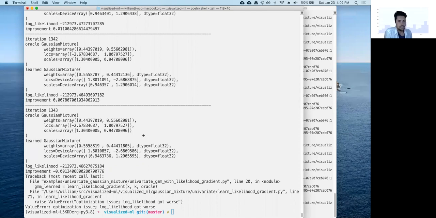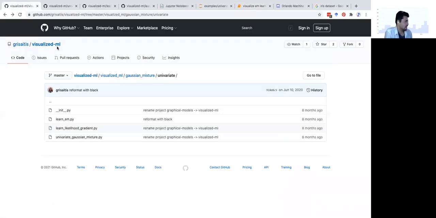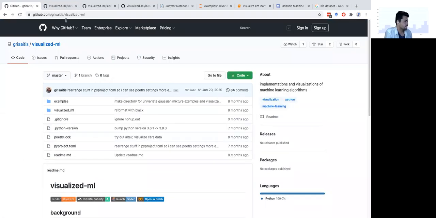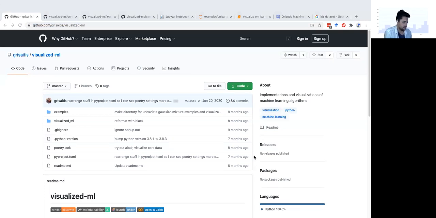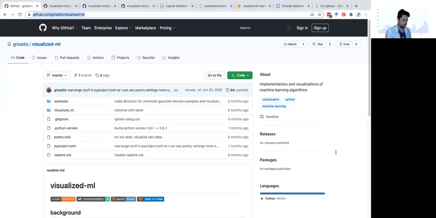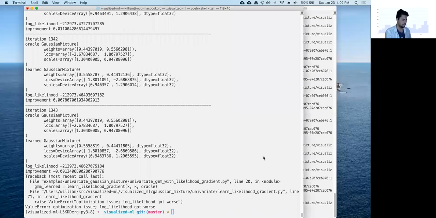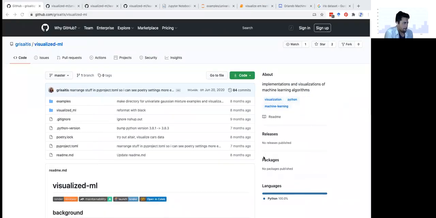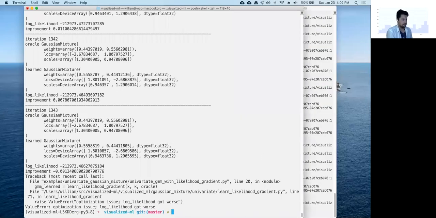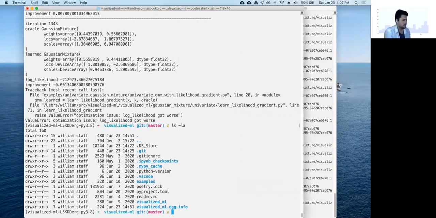I will close out by saying, if you want to see this code, I have a repo where I put all this together. I'll just paste this in the chat. I was experimenting with a tool chain called Poetry, which is how I structured this project.